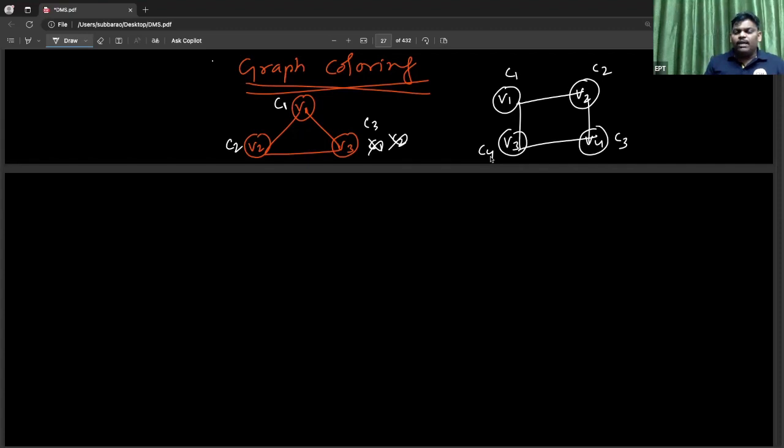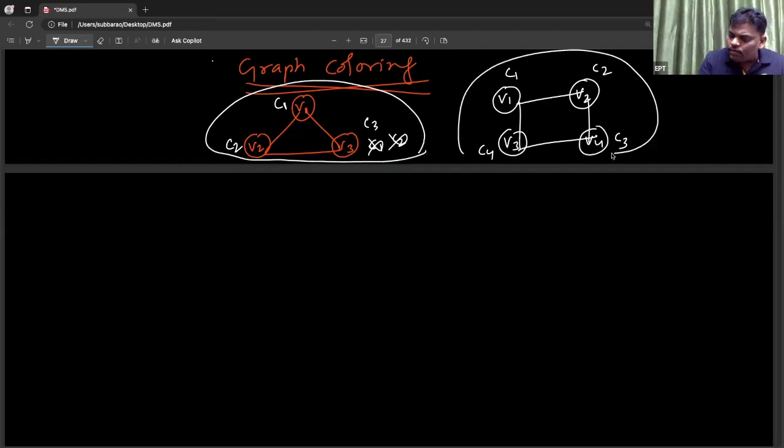No two adjacent vertices contain the same color, so for everyone giving a different color is also graph coloring. In the given graph, no two adjacent vertices contain the same color. This is also graph coloring.